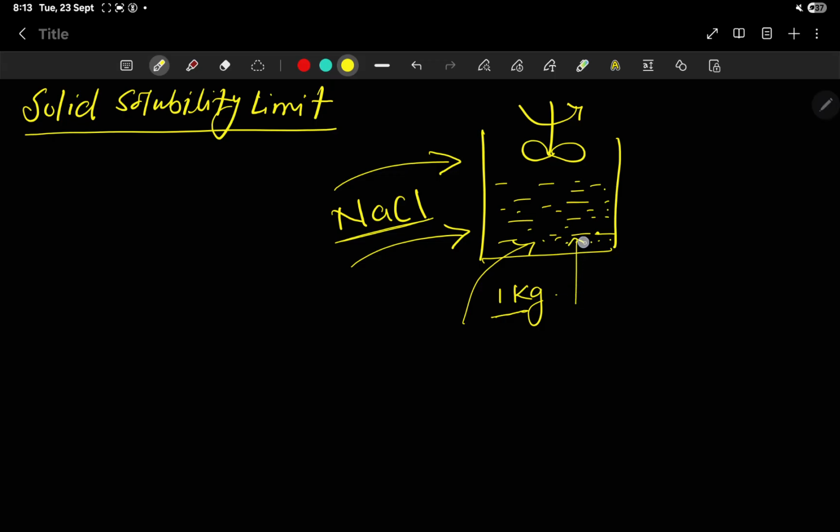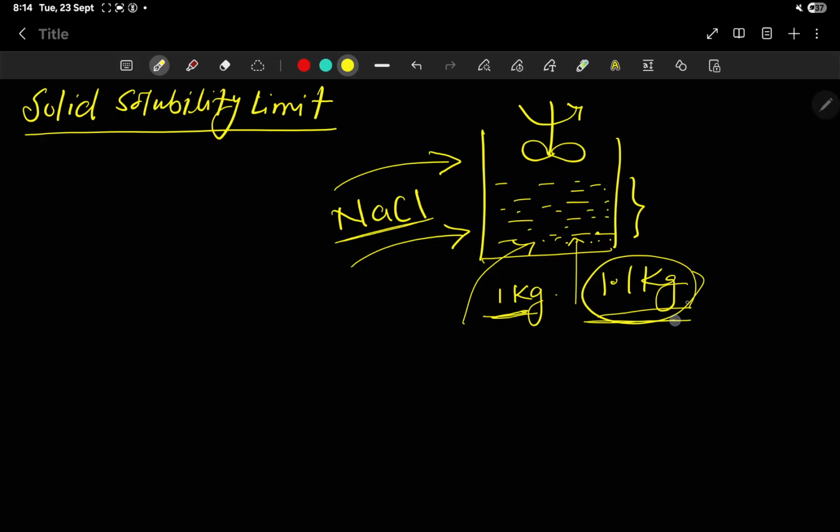Now as you increase the amount of salt in the water, let's take 1.1 kg. Now this water will say, bro, don't mix much more salt inside me. Now I am saturated. I can't accommodate any more NaCl within myself.